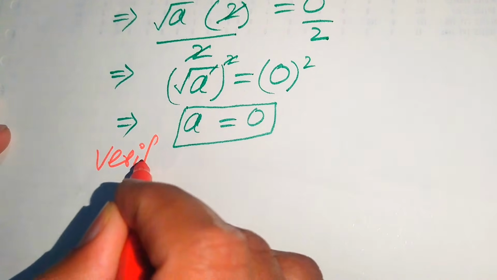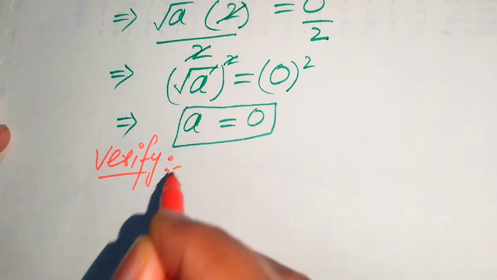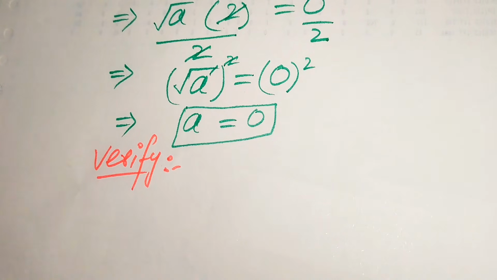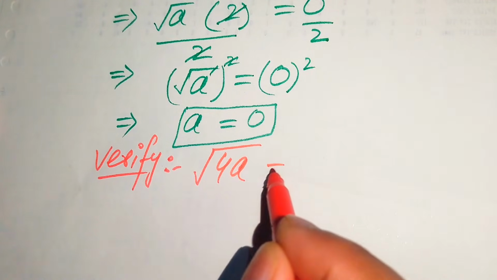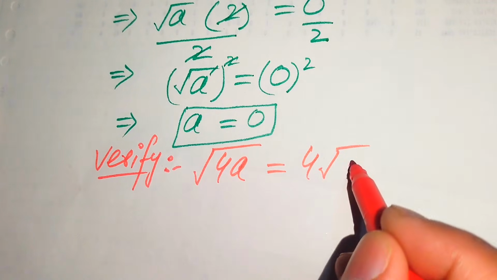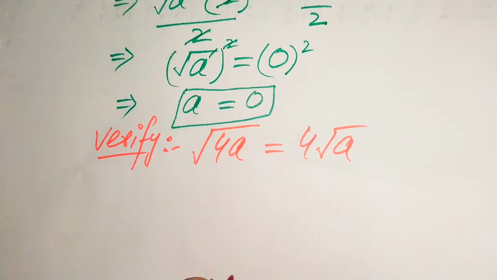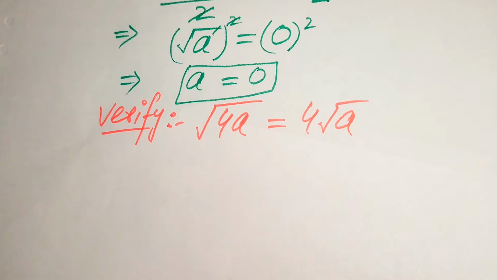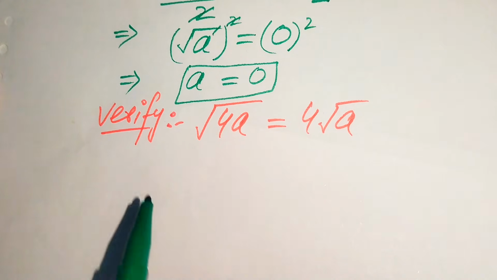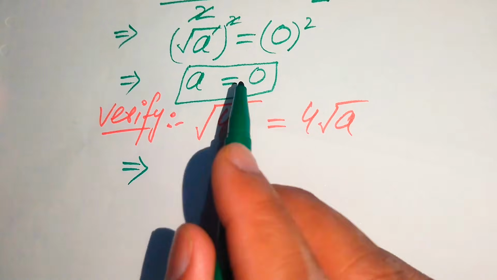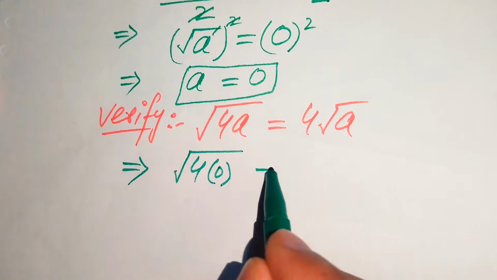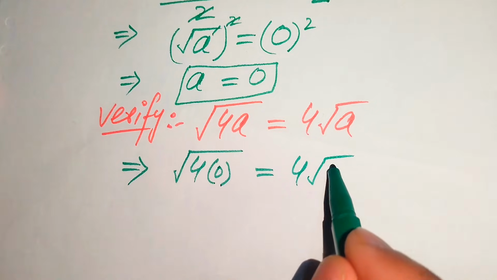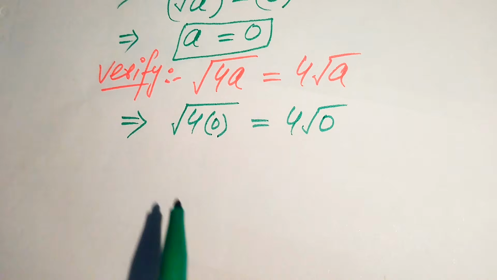But now in the next steps we need to verify whether this value of a is a solution or an extraneous root. For verification, we copy down the given question statement: the square root of 4a equals 4 times the square root of a. We substitute the value of a on both of the sides and check its behavior. It becomes the square root of 4 times 0 equals 4 times the square root of 0.